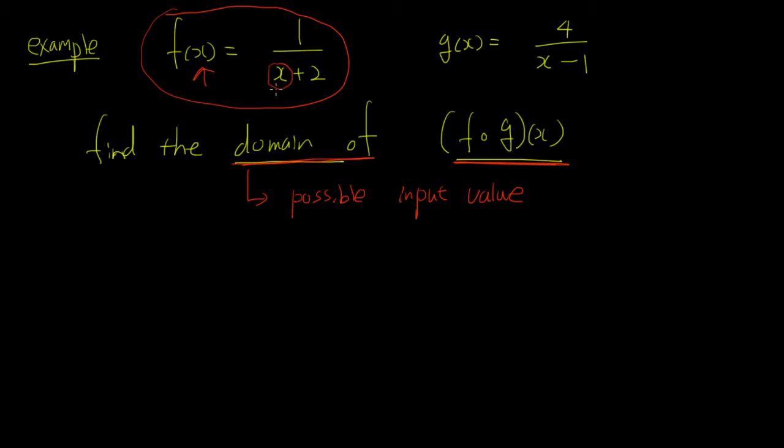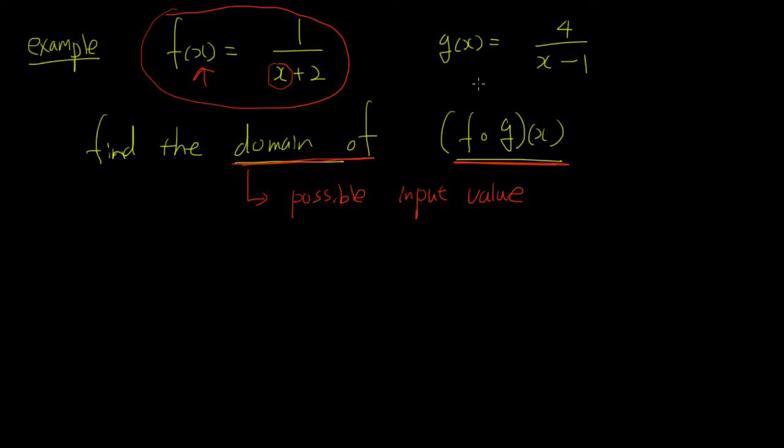That number would be -2. Why not? Because if it's -2, that will make the denominator equal to 0. Denominator being 0 is just a big no-no, right? Because it's undefined and you don't want to deal with that. So that's the concept of domain. So the domain for this would be all real numbers, but x cannot be equal to -2. That would be the domain of this function.